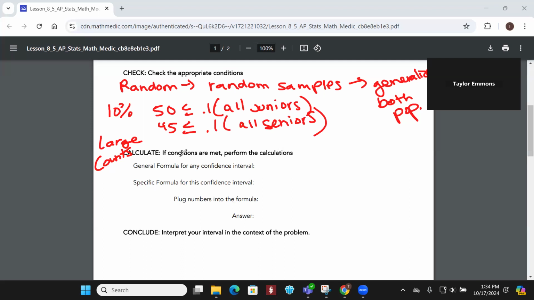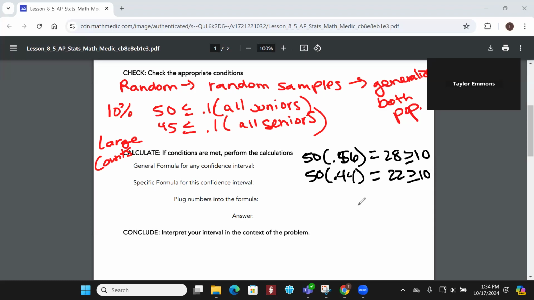I'm going to do this down here, but it really goes up there. I'm out of room and it looks sloppy. So 50 times 0.56, and these numbers are coming from up above, is equal to 28, which is greater than or equal to 10. Then 50 times 0.44 is equal to 22, which is greater than or equal to 10.